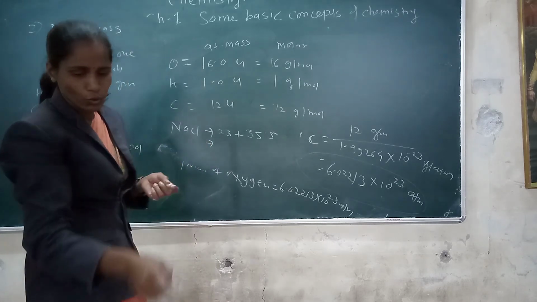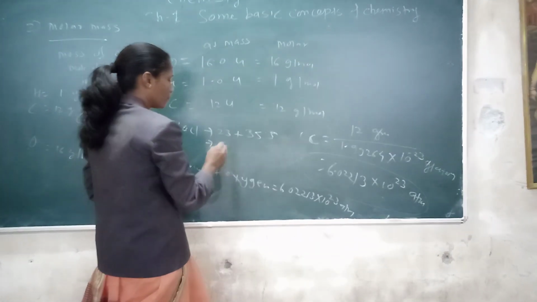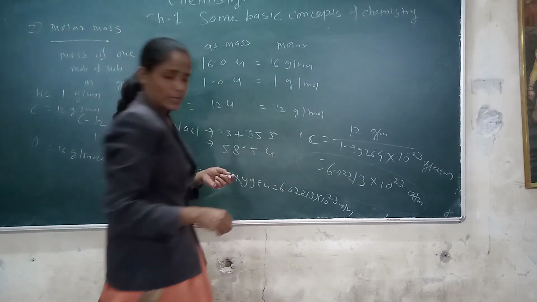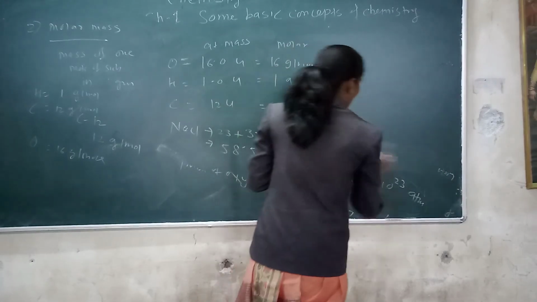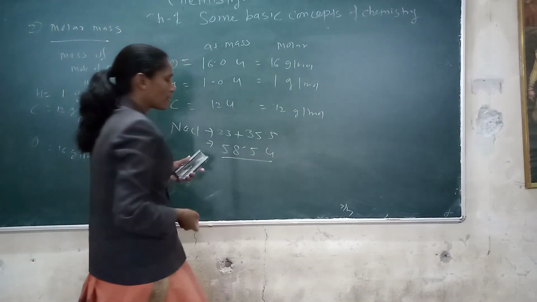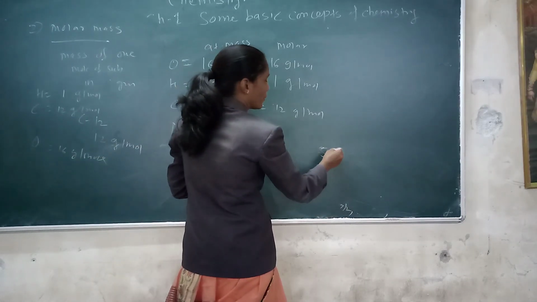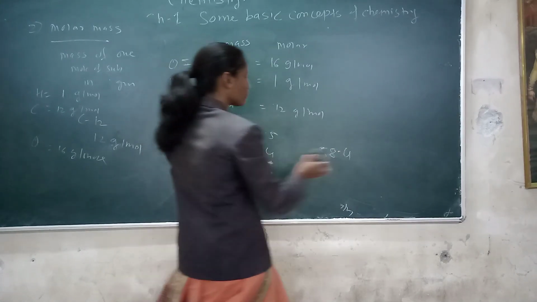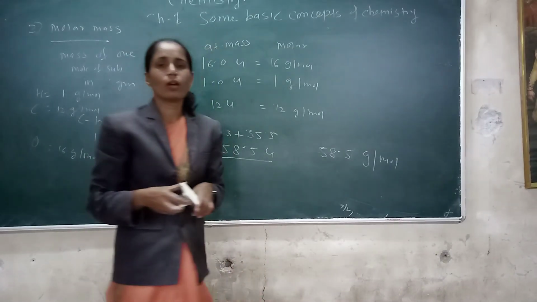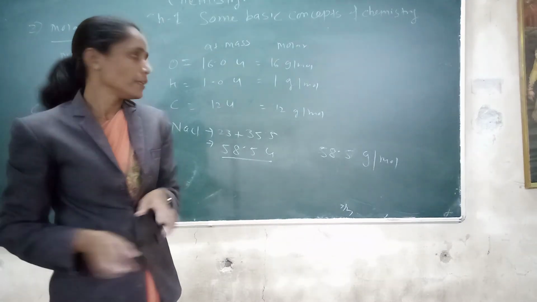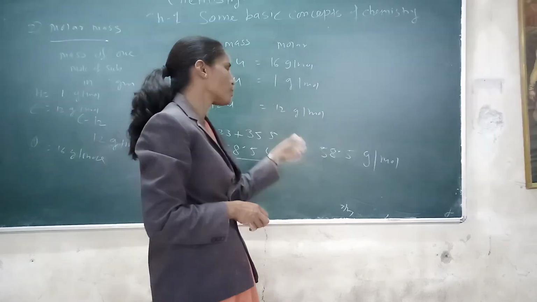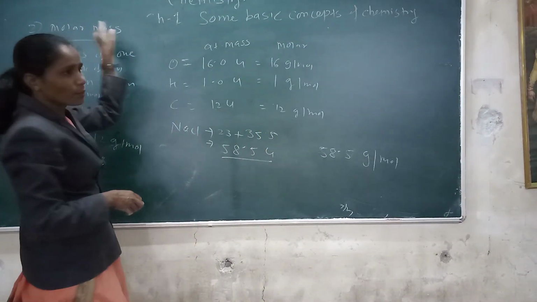We get the value 58.5 unit as the atomic mass of NaCl, and 58.5 gram per mole, means molar mass is measured in terms of gram per mole, means how many grams of substance 1 mole contains is called molar mass.